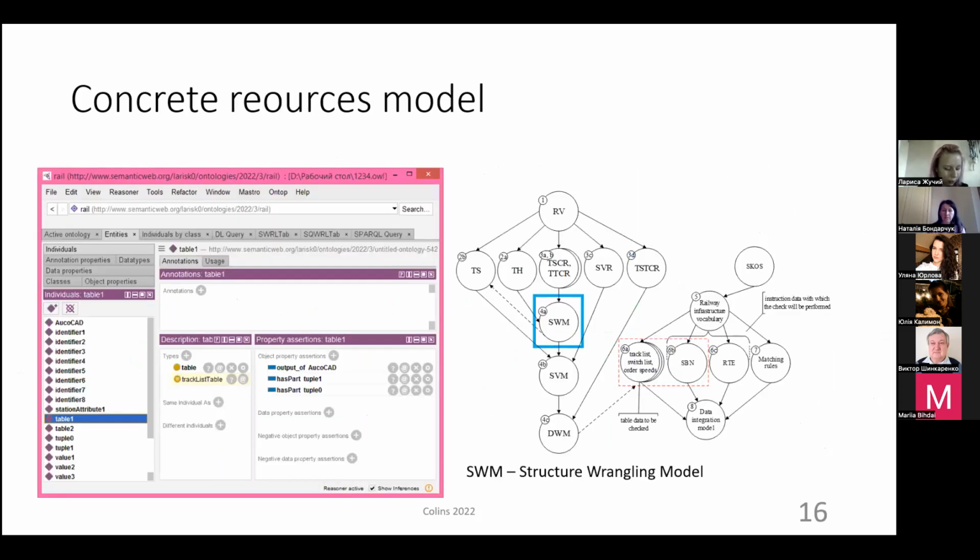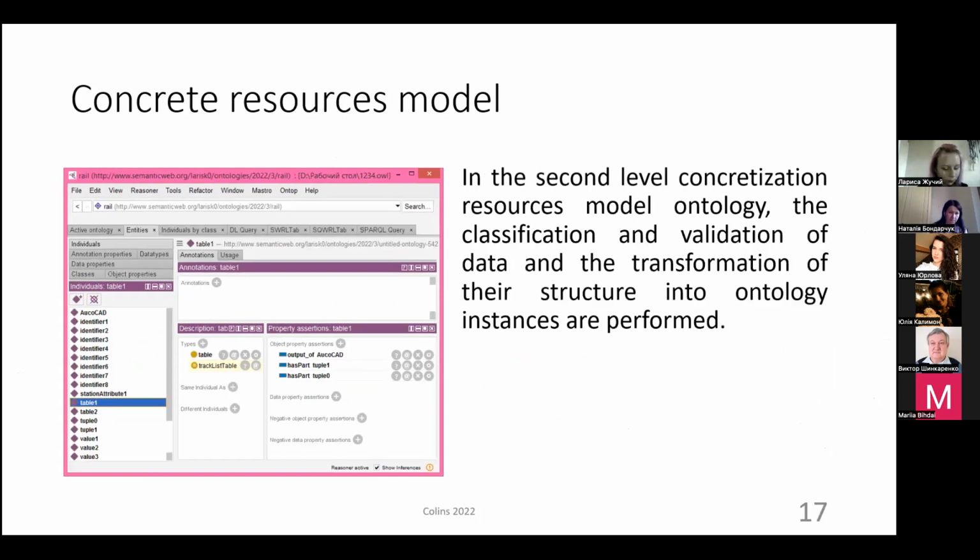The structure rendering model ontology of the concrete resources model is presented on the diagrams for the procedure for forming a modular railway infrastructure ontology. In the second level concretization resources model ontology, the instances of the table headers and rules for classifying by type and program are imported.